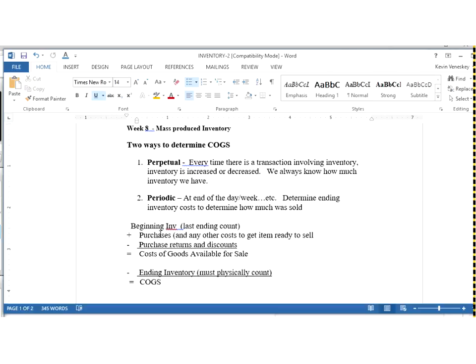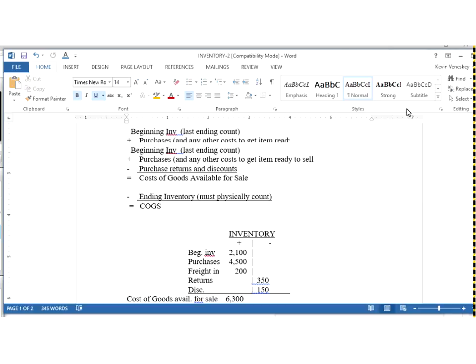So here's the equation, and you did this a little bit in last week's homework with Wiley Plus. You're given the beginning inventory, and as you'll see as I go further down, I have a little T account set up to help put some numbers with this.